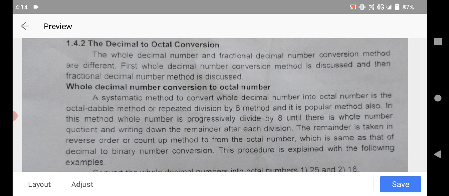In this method, the whole number is progressively divided by 8 until there is a whole number quotient, writing down the remainder after each division. That means the given decimal number is divided by 8, and we divide by 8 until there is a whole number quotient. After dividing, we also write down the remainder after each division.